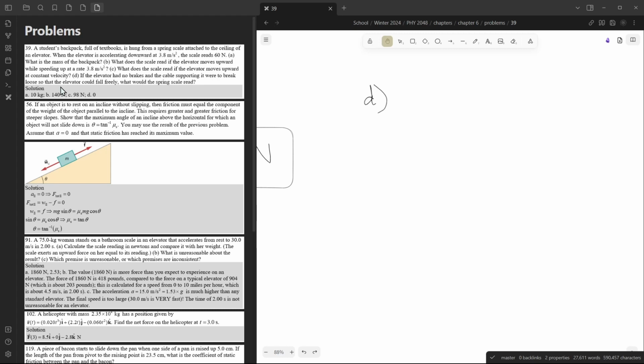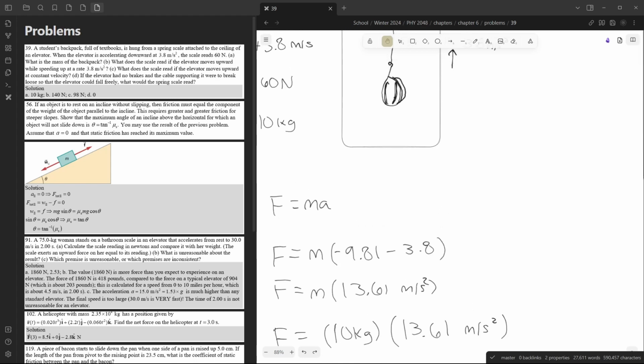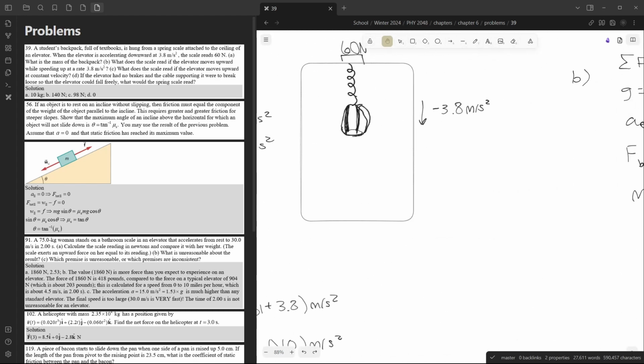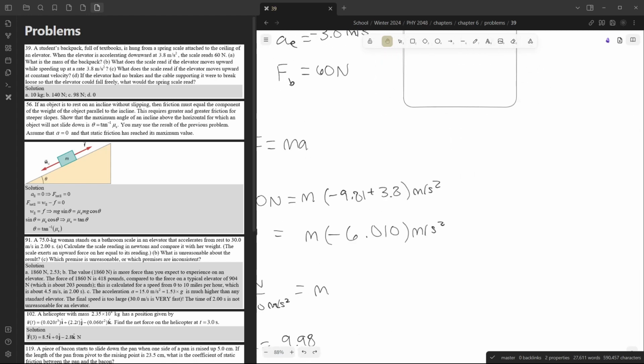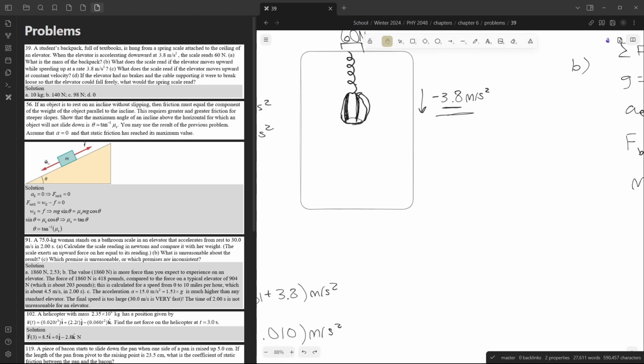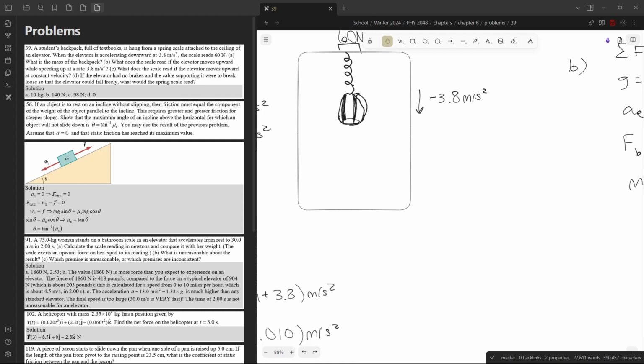So if a scale is holding a backpack and then that elevator, yeah, that says what the solution is, but let's try and figure out why. With the other one, the 3.8, when the acceleration is going downward by 3.8, we knew that the force would take away from that gravity acceleration, because the scale is reading what the force is downward, but you're also moving downward.